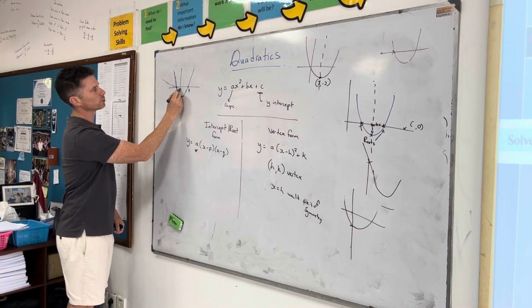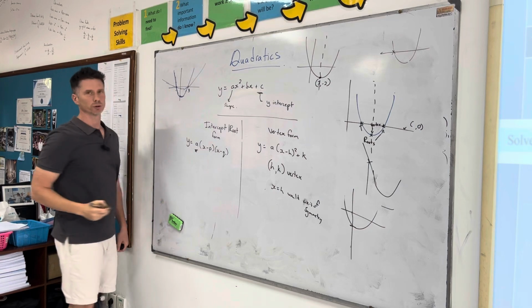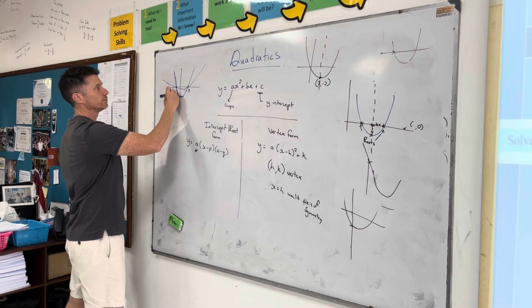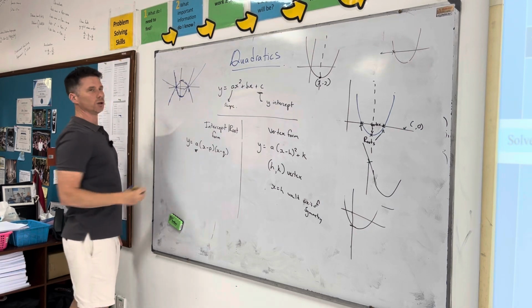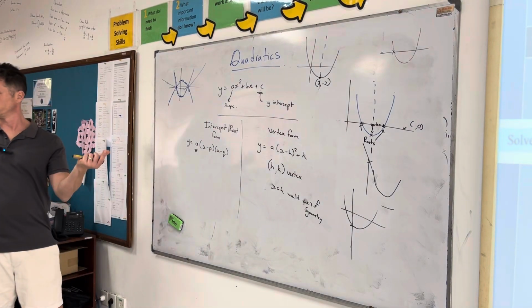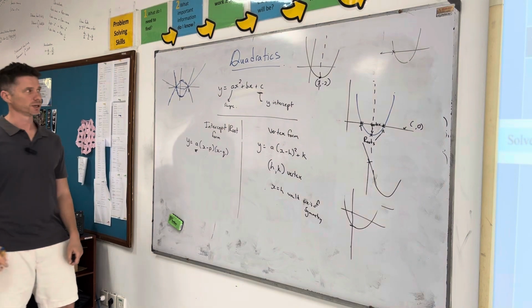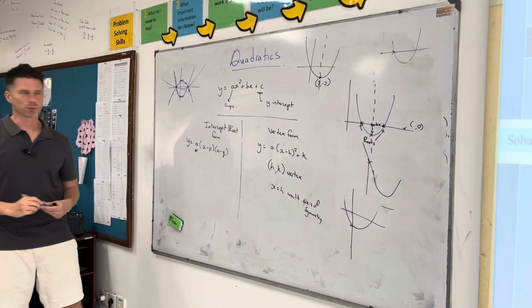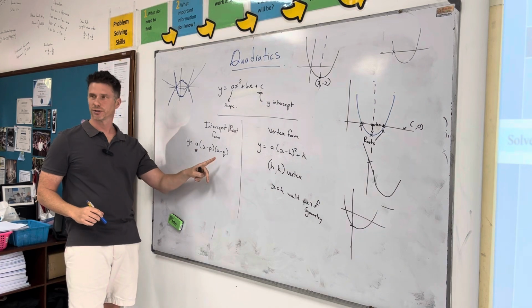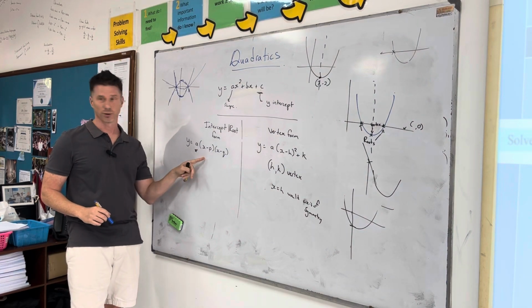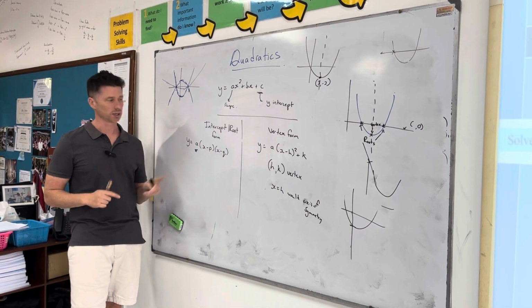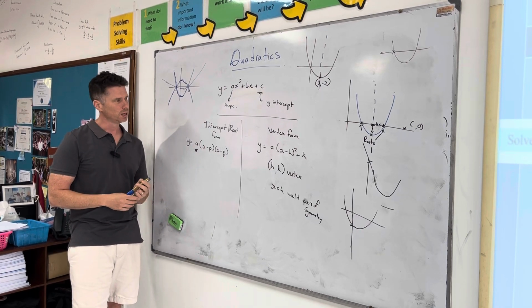It could be quite wide and go through the same roots. The a will determine that, and of course its nature, if it's upside down or not. They all go through the same ones, and the a will determine how wide or narrow it is. It could be even narrower if you want as well. So that's why we put this a here. There's an infinite number of equations that have the same roots. It just depends on the shape.